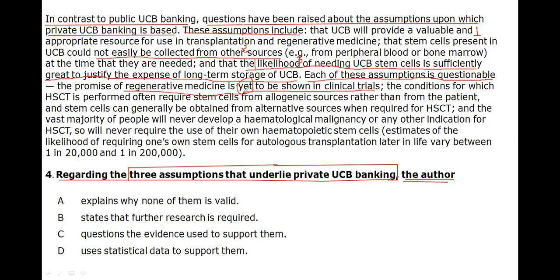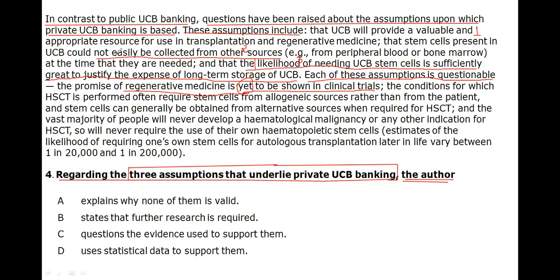Haven't you paid the deposit yet? Hasn't the patient arrived yet? So this kind of gives us an idea that the writer goes exactly opposite to what is given in the assumption. The assumption says appropriate and valuable. The writer says it is not yet proven.